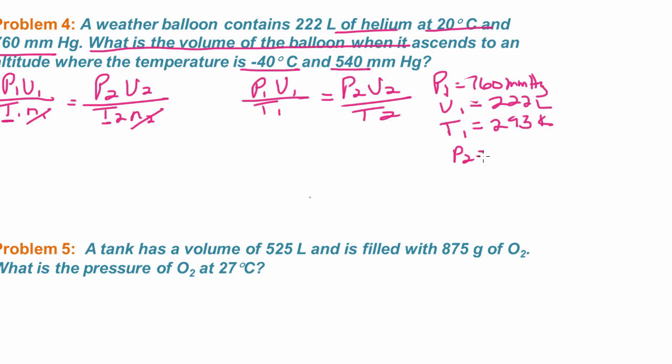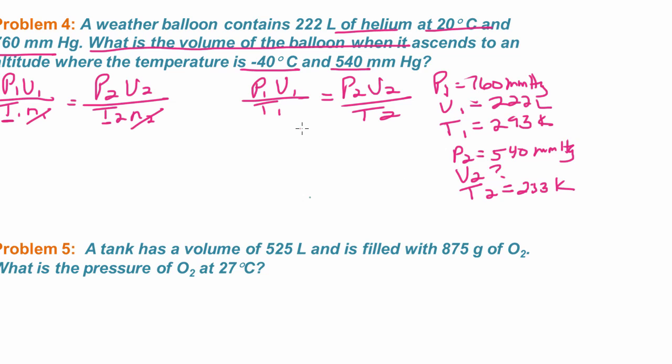Then P2 is 540 millimeters of mercury, we're looking for V2, and T2 is negative 40 degrees, so we convert that to Kelvin and we get 233 Kelvin.